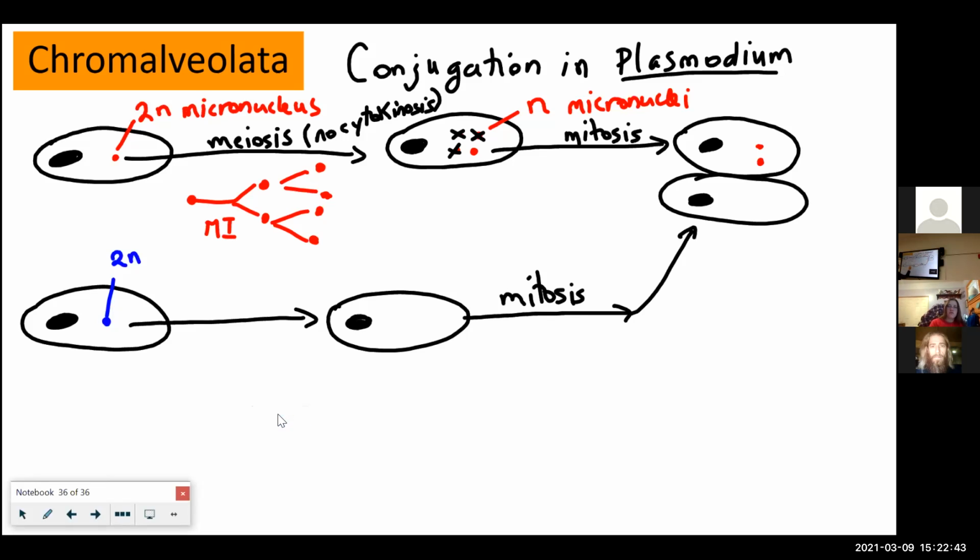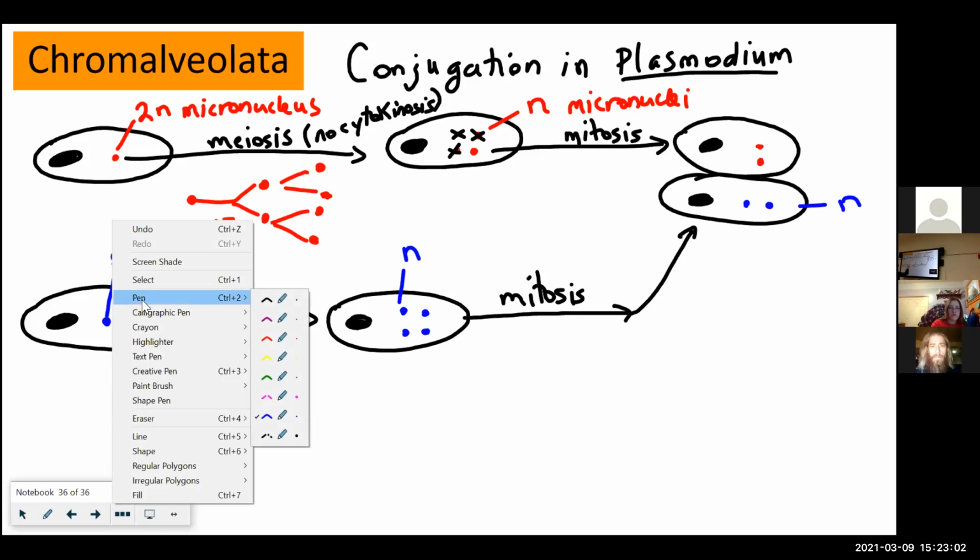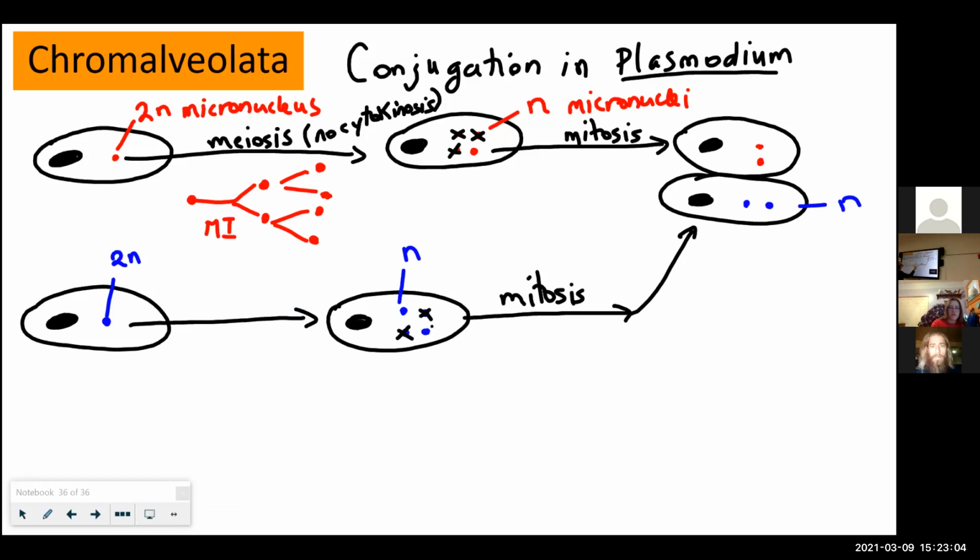So this produces 4 daughter cells, 1, 2, 3, 4. Then we've got 2 micronuclei here, and these are each haploid, and 3 of these disintegrate. So it's just this one right here that undergoes mitosis to produce these 2.